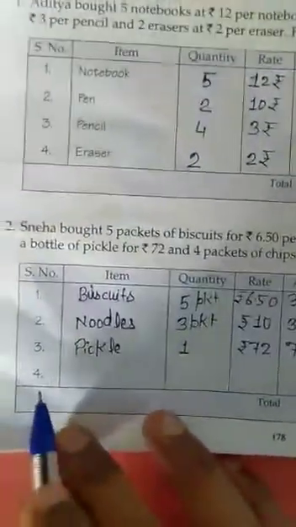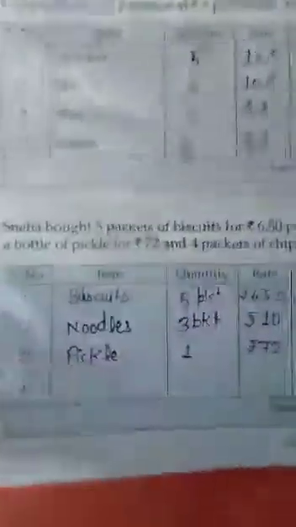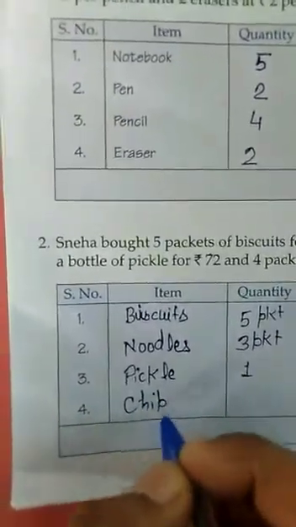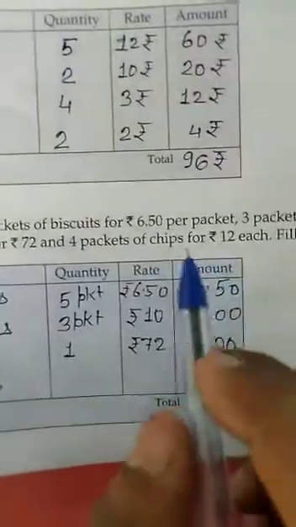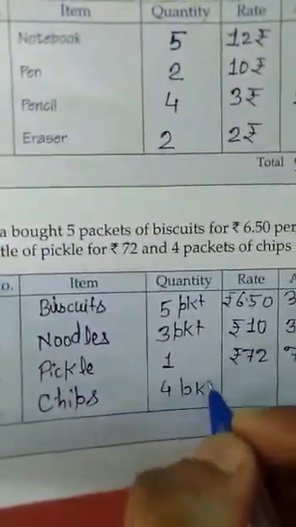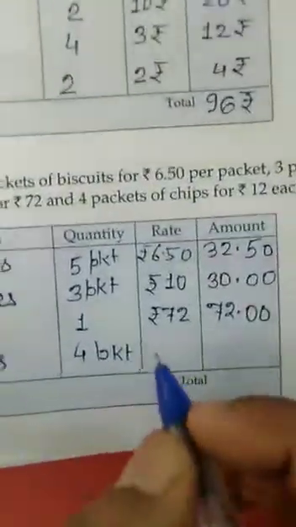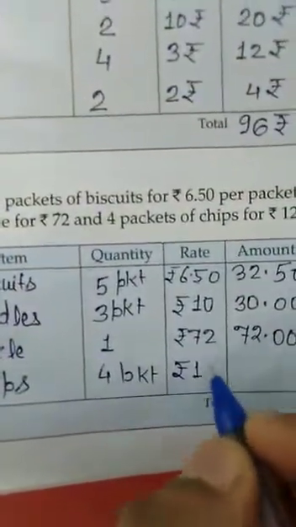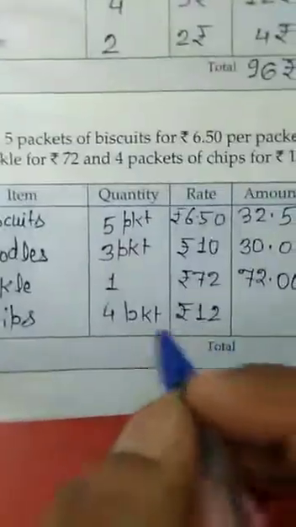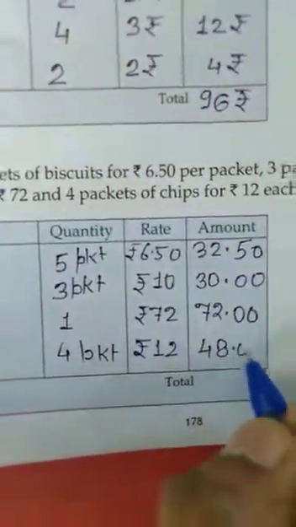Now the fourth thing she bought is chips, 4 packets of chips. So you will write here chips in item column, and the quantity of chips is 4 packets. So you will write here 4 packets, and the rate of chips is 12 rupees each. So you will write here rupees 12. So the total amount of chips is 12 multiplied by 4. It will be 48 rupees.